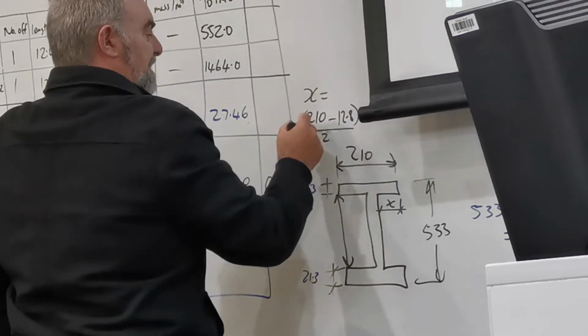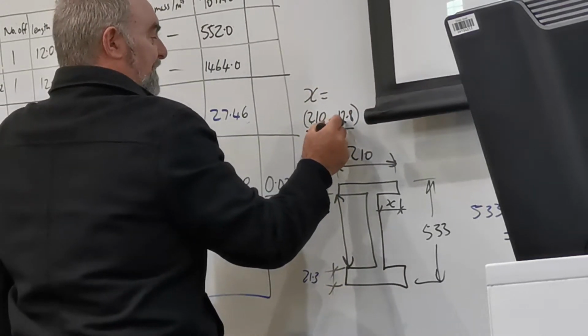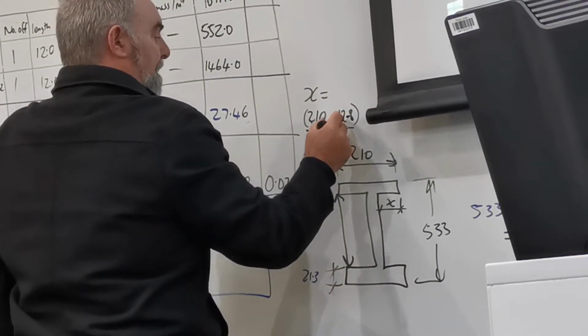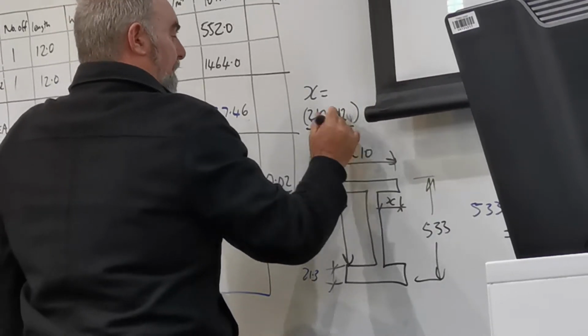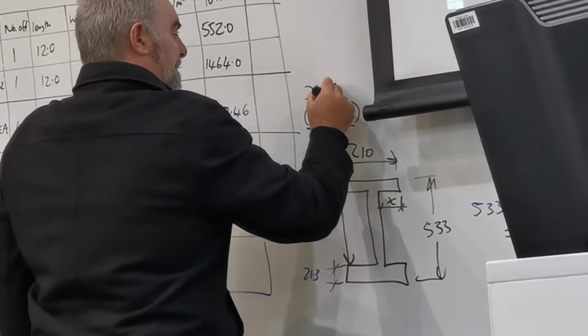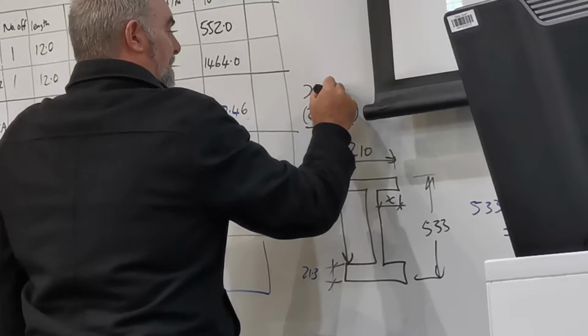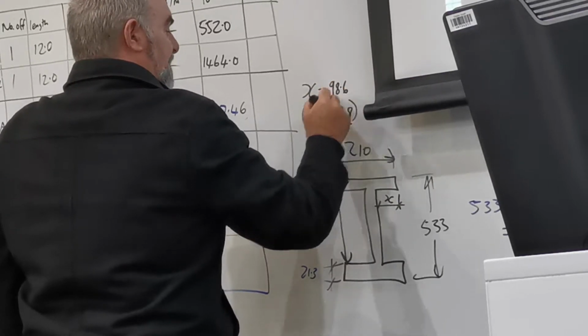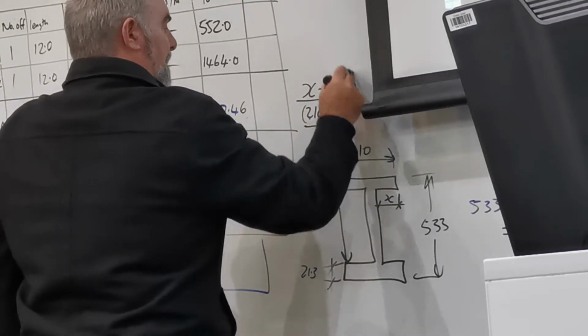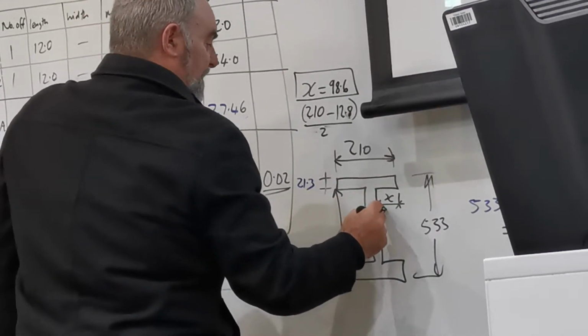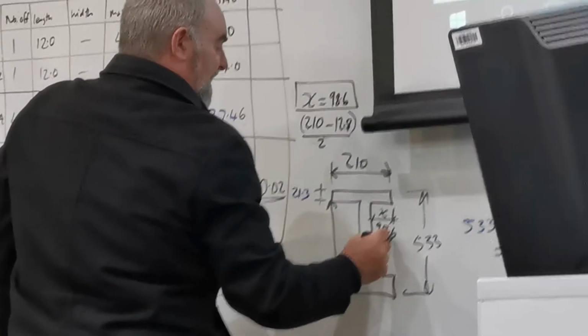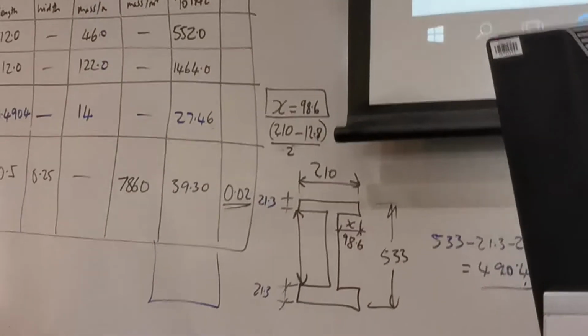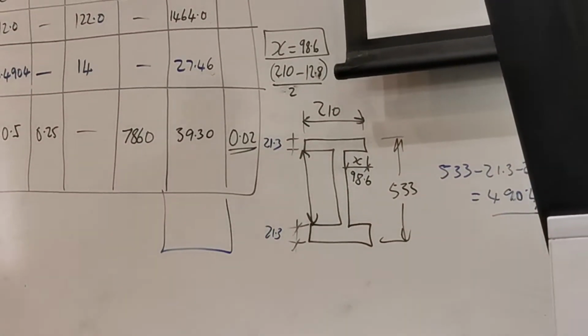So x equals, can someone do that? 210 minus 12.8. 98.6. So that distance there is 98.6. You may be asked to calculate that one way or the other, okay?